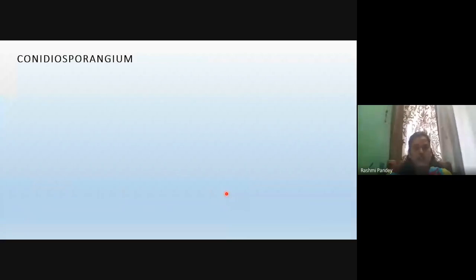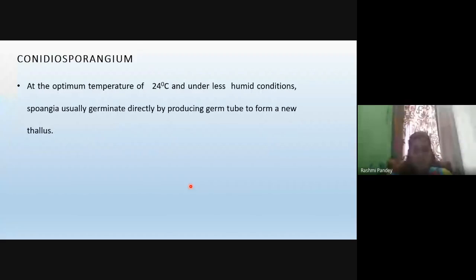What is conidiosporangium? I said the word sporangium means it is the container which will be having spores. Now many times, whenever the climatic conditions change slightly towards warmer or less humid conditions, the sporangia, the one which should have spores within it, directly gets converted into a new organism, giving rise to the germ tube or the thallus of the fungi.